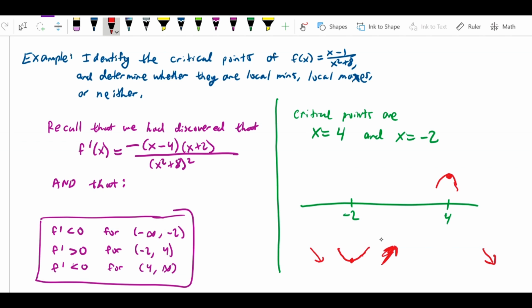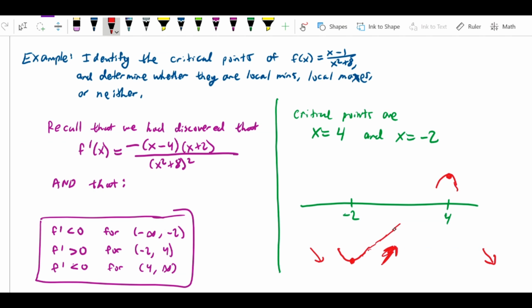As we'll see a little bit later in the chapter, you can actually use clues like this to get a very general idea of what the graph of a function looks like without plotting points. Since these are the only critical points, which means these are the only mins and maxes, there's nothing in this interval that would look anything like one of these turns, because we know that we can only find mins and maxes at critical points.